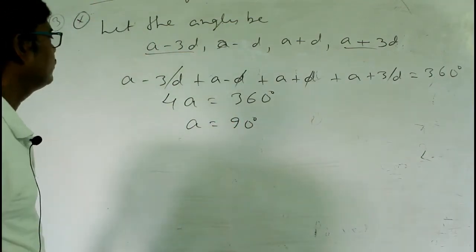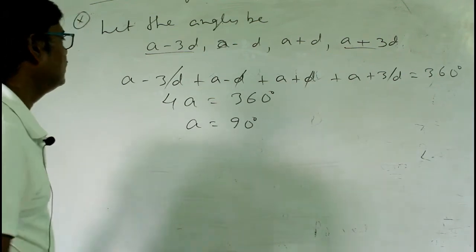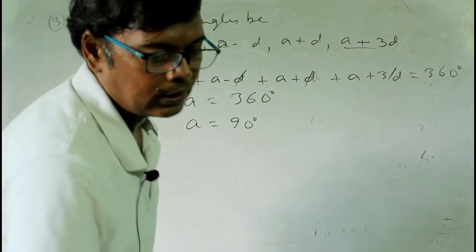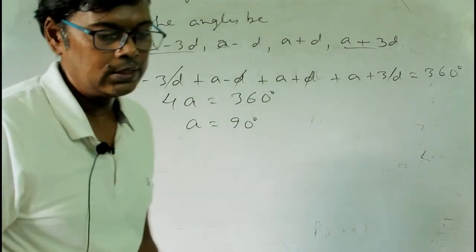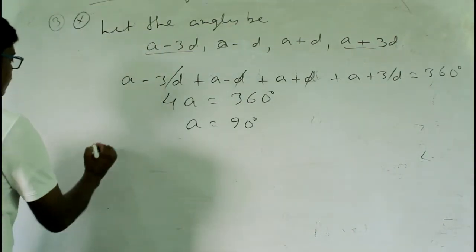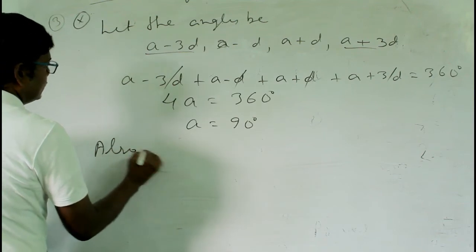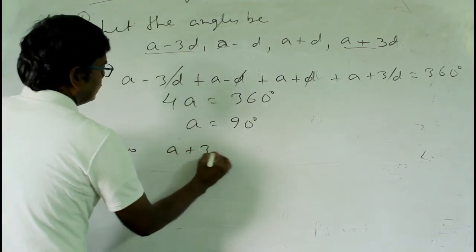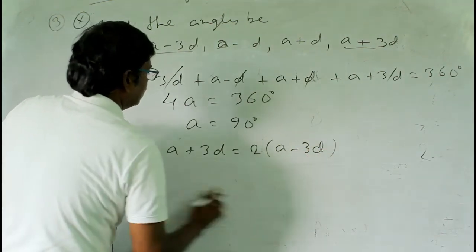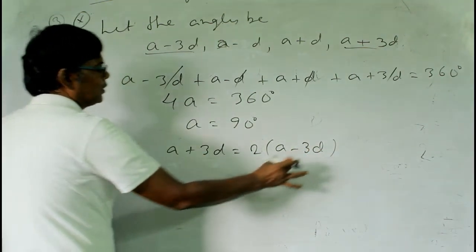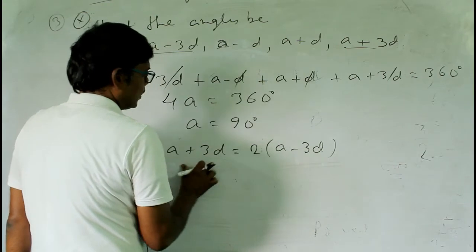Okay. So here we have got A equal to 90 degrees, and you are given the other condition also. The other condition is the greatest angle is twice the least angle. This is the greatest angle, this is the smallest angle here. So this is twice of this.